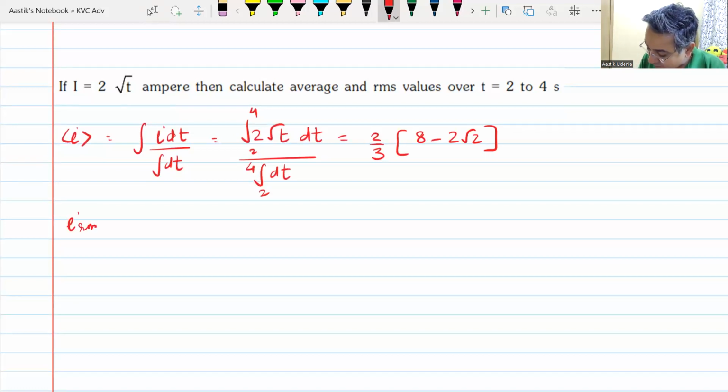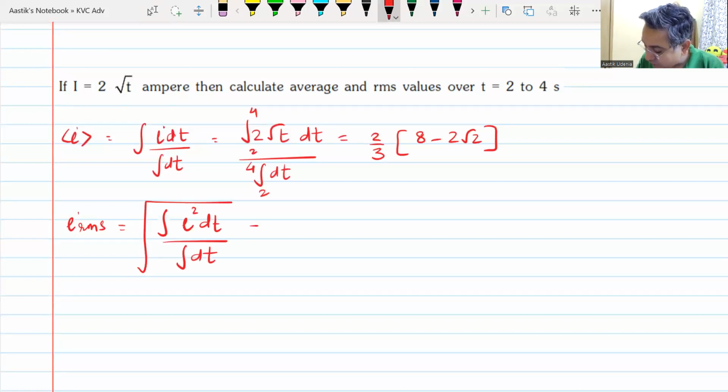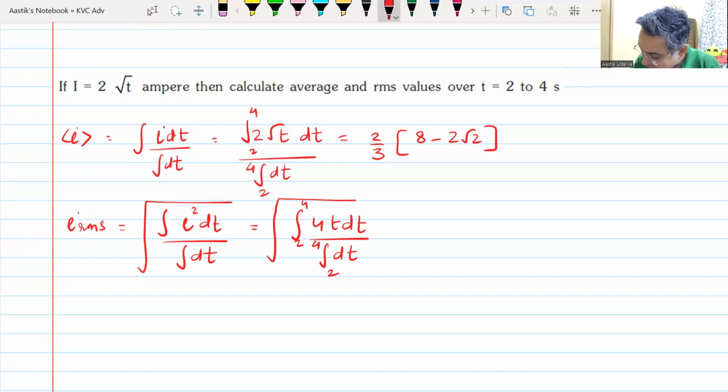To find the value of IRMS, what do you do? You take the current, you square it, then you take the average, and then you take the root. So basically you have to find the integral of I square. I square is 4t dt divided by the integral of dt, both taken from 2 to 4, and then you have to find the root of this.